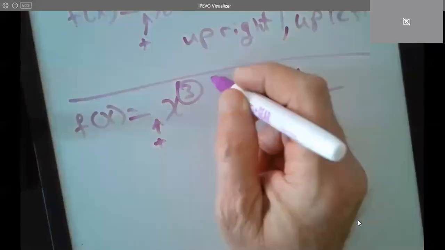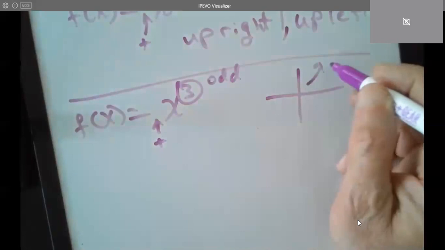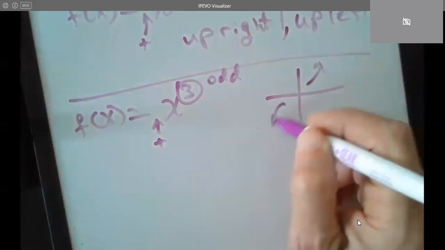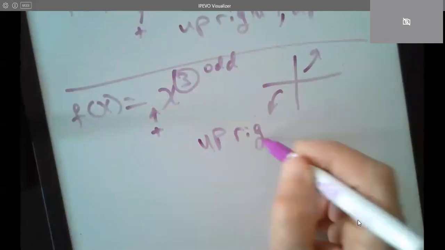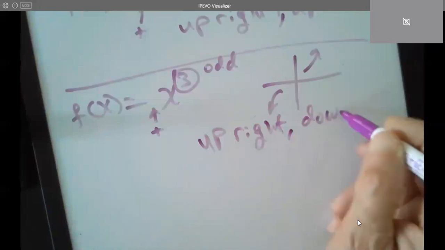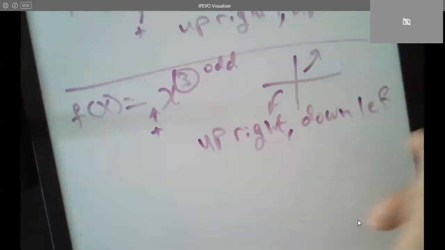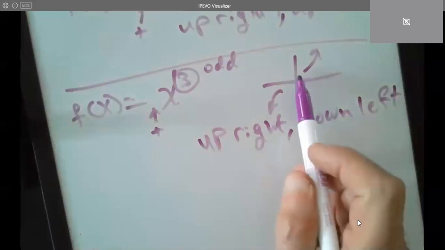So it's odd. So it'd be up, right, down, left. So the end behavior is up, right, down, left. So you're going to see diagrams like this on the homework. All right.